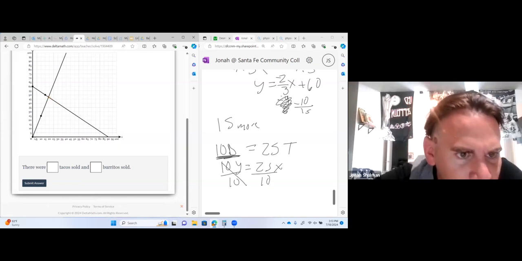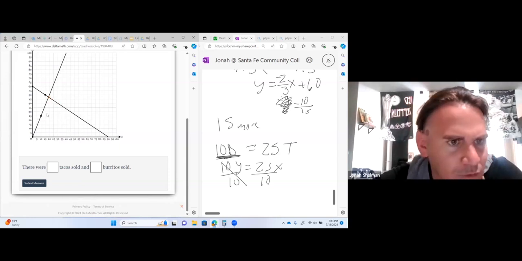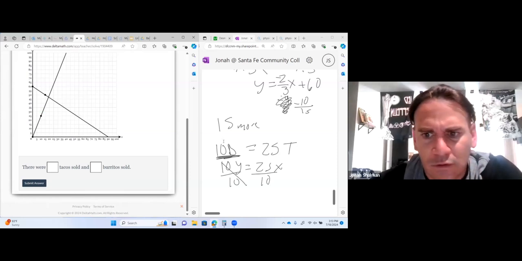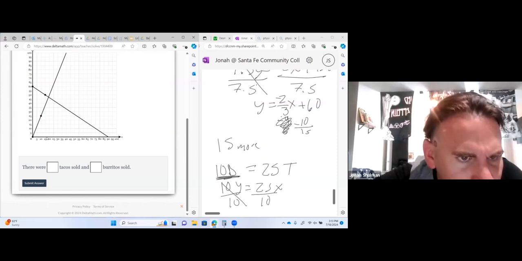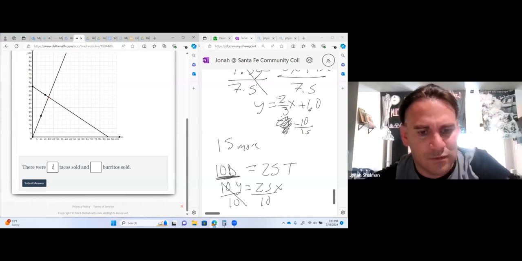And we're going with... what do we got? I can barely see it. What are we talking? 18 tacos and 46 burritos.